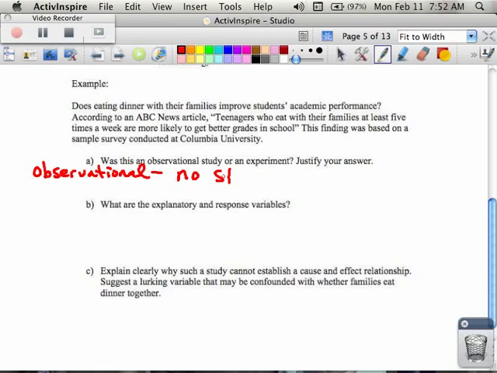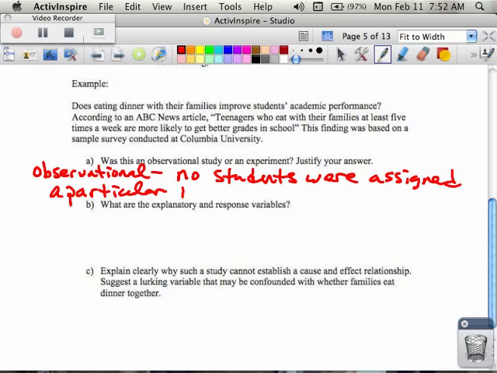No students were assigned a particular number of meals. Explanatory and response in this case.